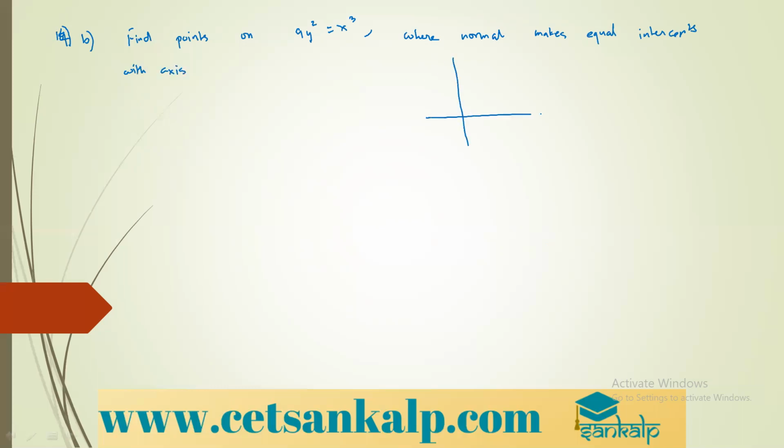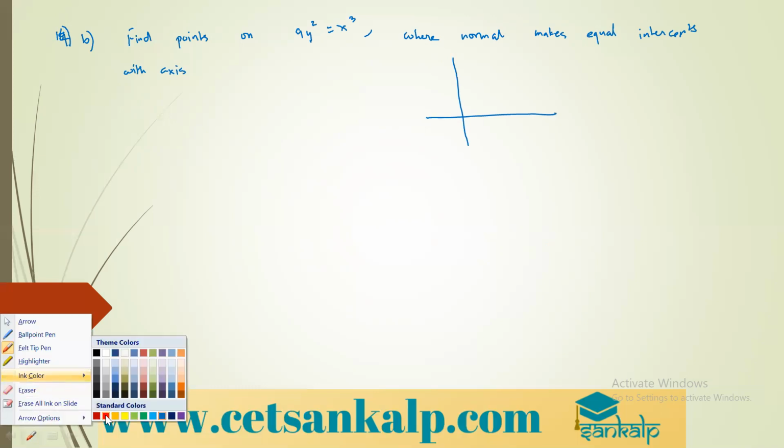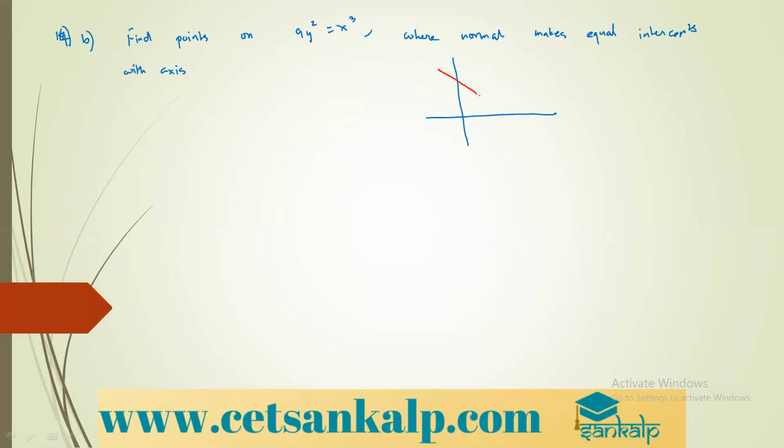So suppose if these are the axis, you are drawing the normal. So imagine this is the normal. This is A. This is also A. The intercepts are equal. So the equation of the normal should be x by A plus y by A equal to 1, or x plus y equal to A.